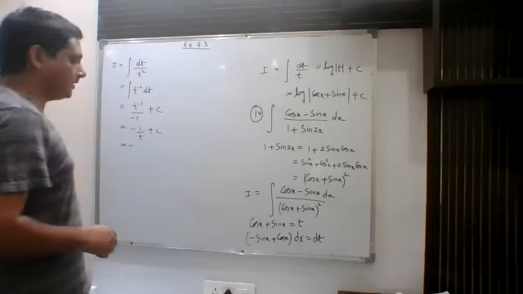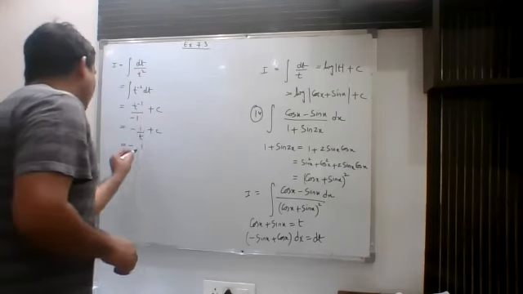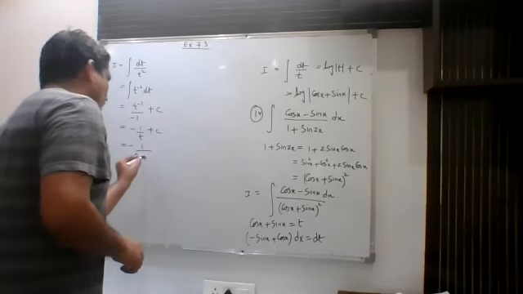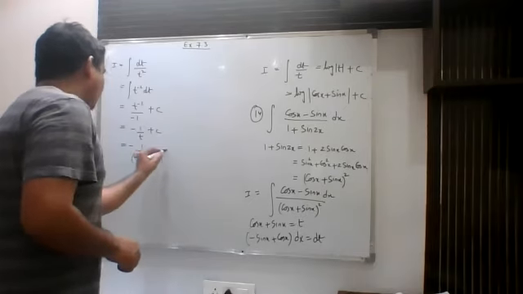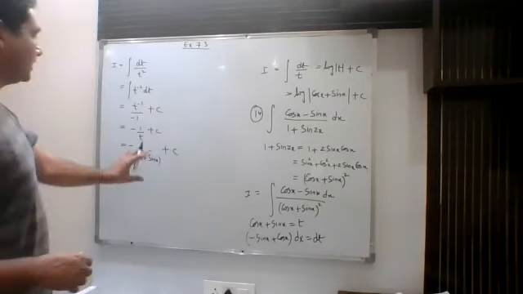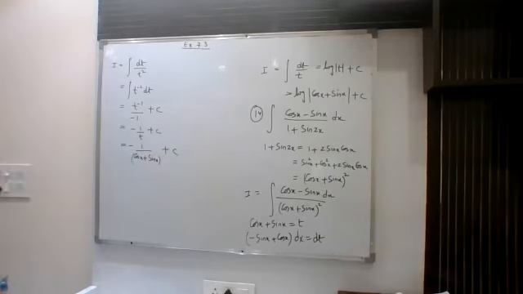Here put the value of t. That will give you the final answer. So it is minus 1 upon (cos x plus sin x) plus c. This will be your final answer. Just write down this question number 14.